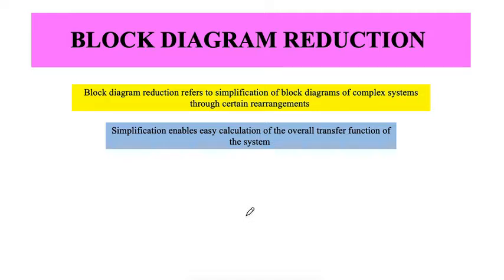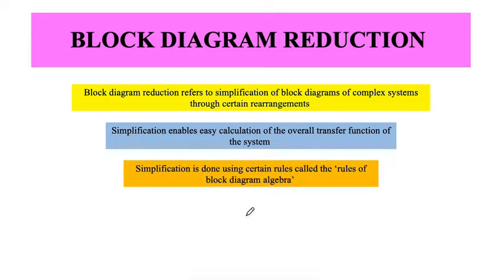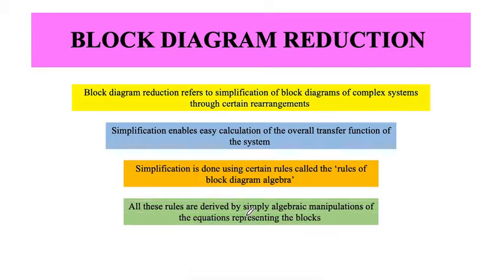We need to get the overall transfer function. The simplification is done by some very basic rules of block diagram algebra, and these are very simple algebraic methods where we just reduce a variable or reduce a block and so on. Just very basic things like addition and subtraction. All the rules are derived by simple algebraic manipulation of the equations representing the blocks.